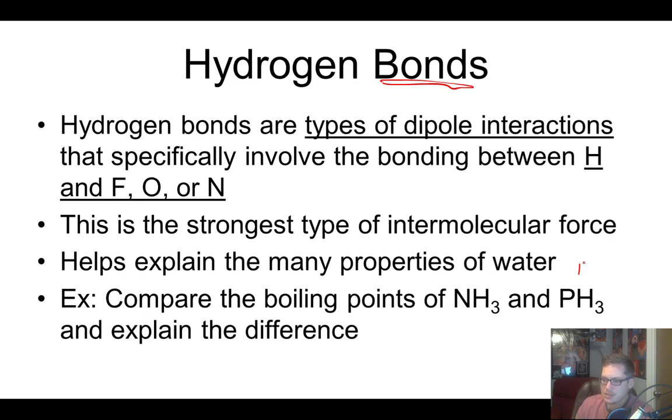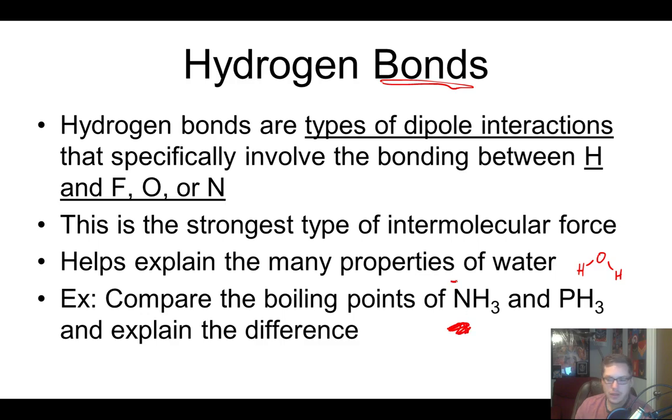But the idea is that you've got hydrogen, right? This is our water molecule. You've got this hydrogen attached to the oxygen. So between different water molecules, you can have hydrogen bonding going on. All right, so NH3 versus PH3. The boiling point of ammonia, that's NH3, is negative 28. Oh, that's in Fahrenheit, though.